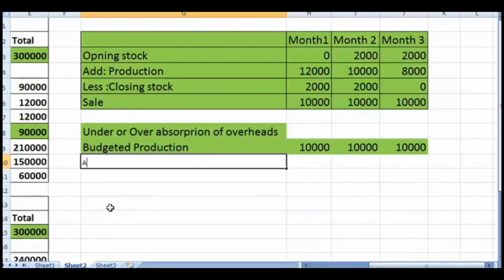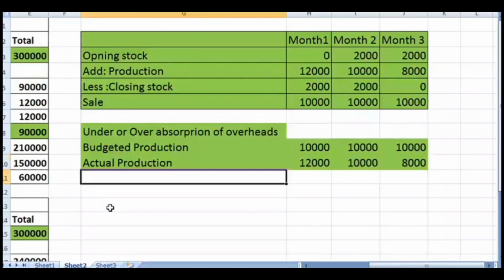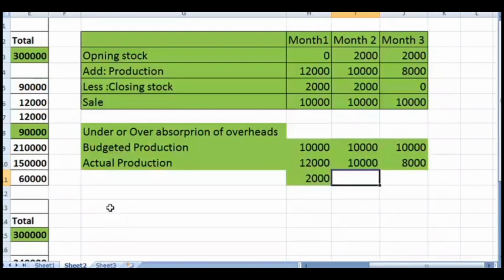And actual production is 12,000, 10,000 and 8,000. Okay, so here 2,000 more production, here nil, 0, and here 2,000 less production.